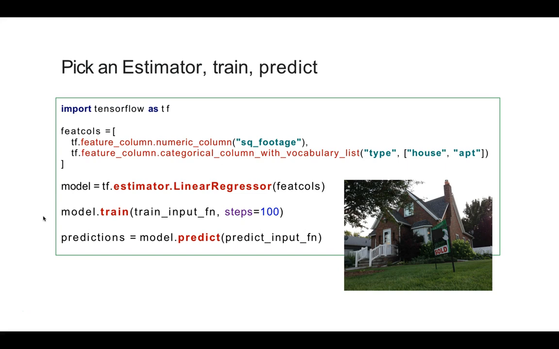This one shows all of them together. We instantiate the model, tf.estimator.LinearRegressor, pass the feature columns, then train the model, and then make predictions with it. So this is a linear regressor.